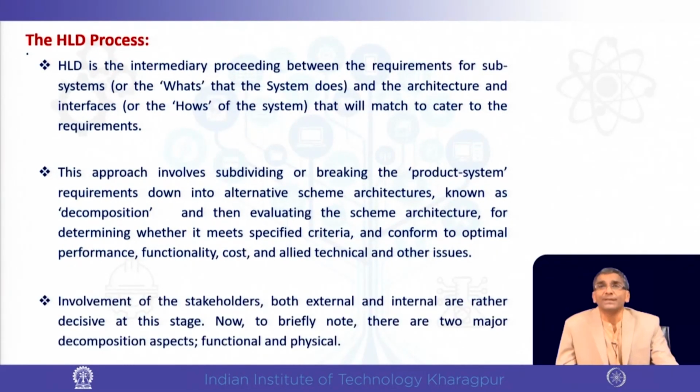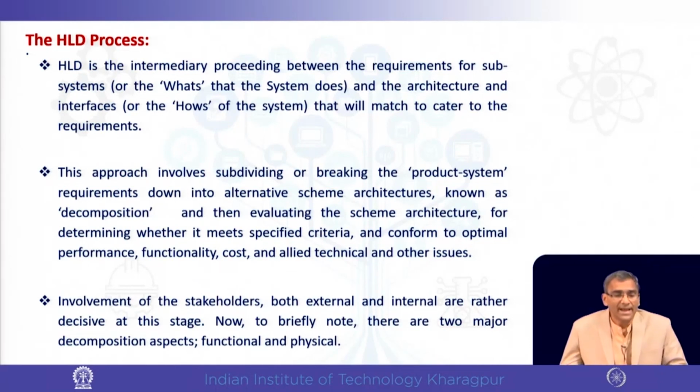The HLD process. HLD is the intermediary process between the requirements of the subsystems, or whats, as we had said, and the architecture and the interface, or rather hows. So, it is basically an interconnection of whats and hows. Now, I hope, if you know, you would recall.